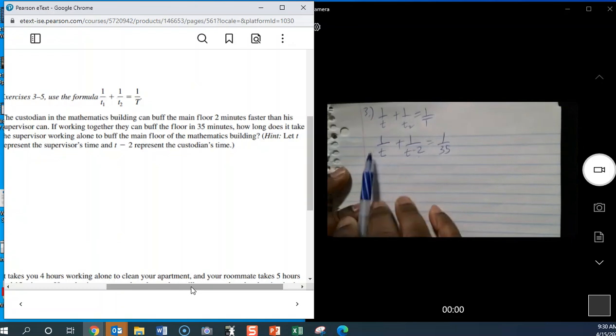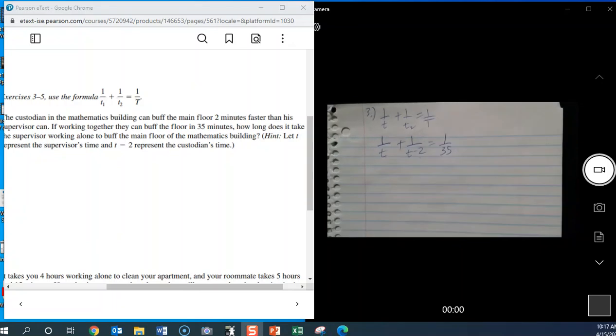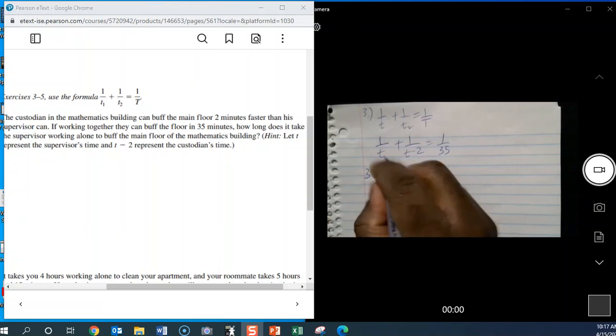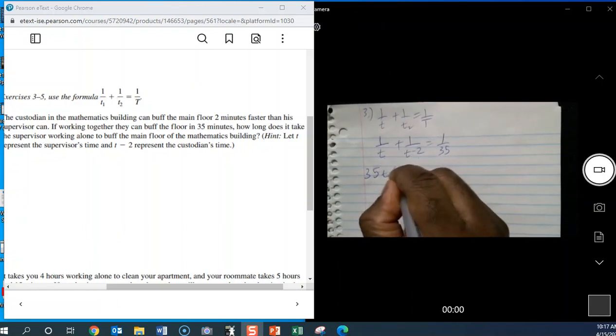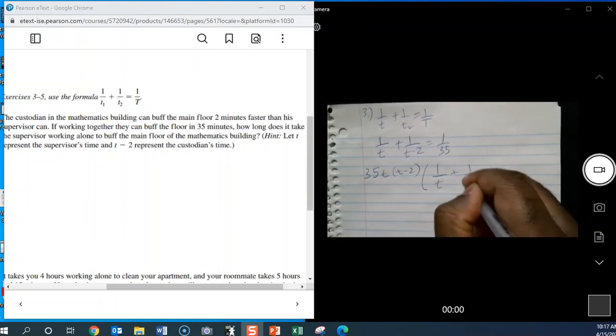Sorry about that. So we find a common denominator of all three of these values. So our common denominator here would be 35t times t minus 2. And we'll multiply everything by these values.